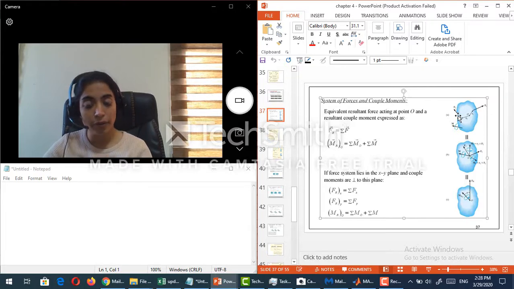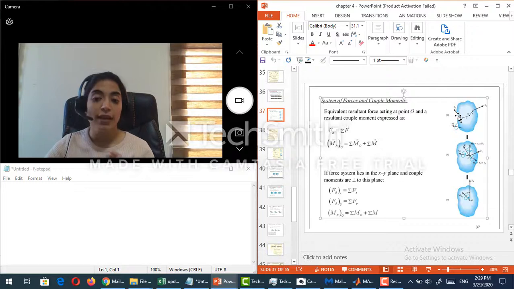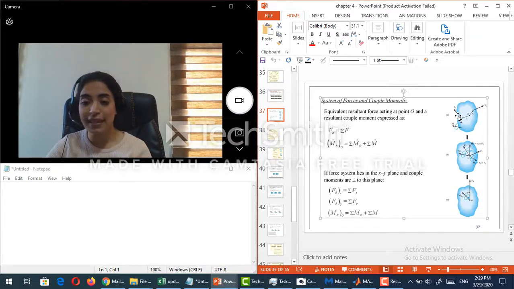So as we described in the previous video, a couple of forces is a free vector, which means that the effect of this couple moment is the same for all the points on this body. So basically this moment is an external moment caused by a certain couple moment, so I can put it wherever I want, and I have some forces F1, F2, F3, F4, and these forces are applied on some points on this body.